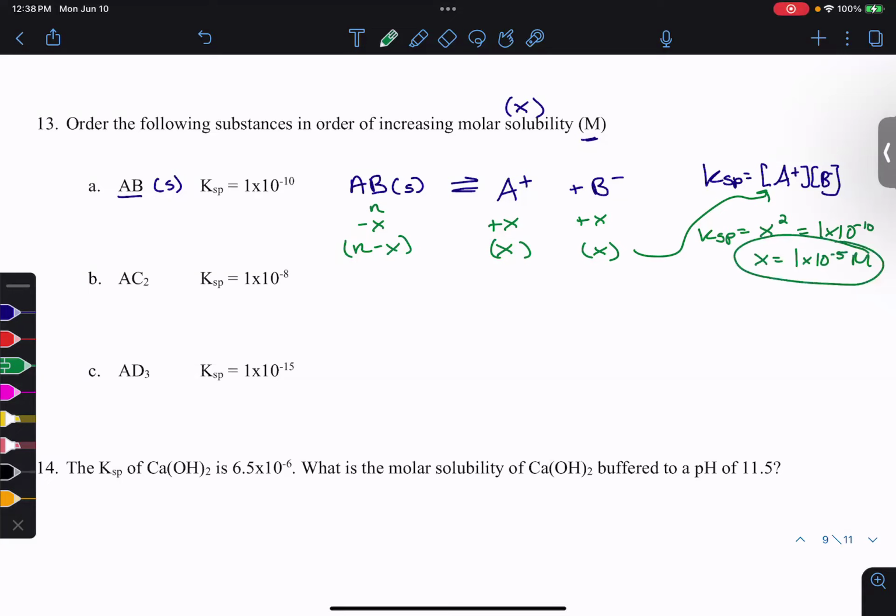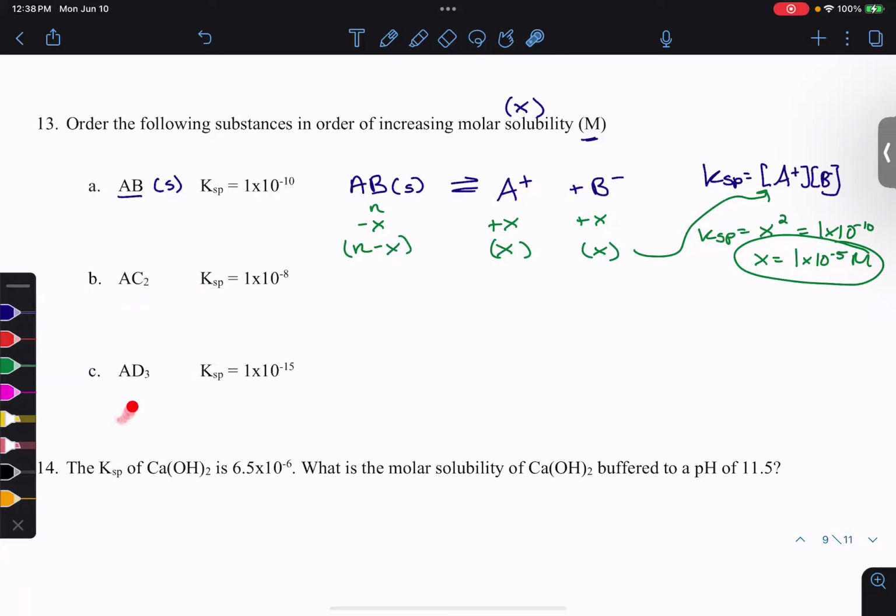So that means if I drop AB solid into water and make a saturated solution, the concentration of the compound that actually dissolves should only be 1 times 10 to the negative 5. That's what it means. That's the limit. That's the saturated concentration.